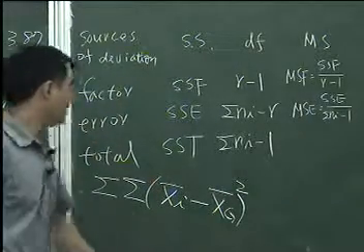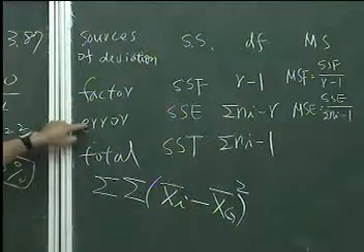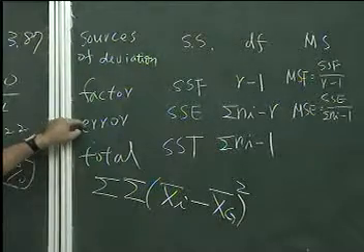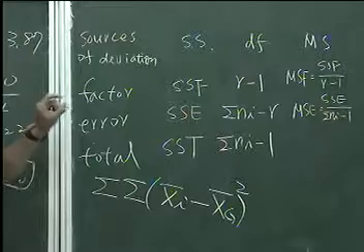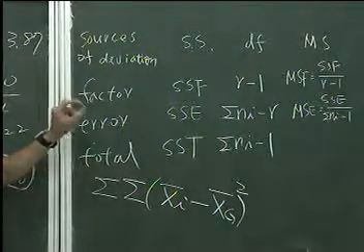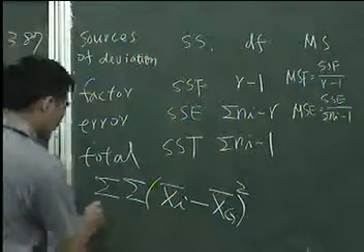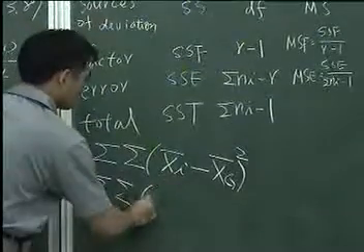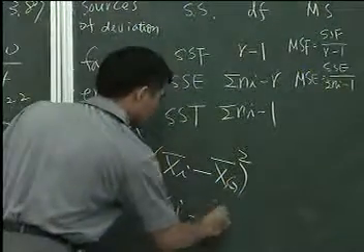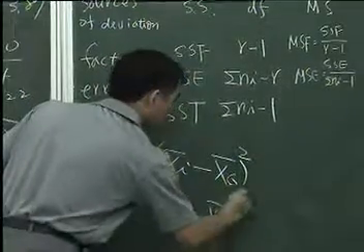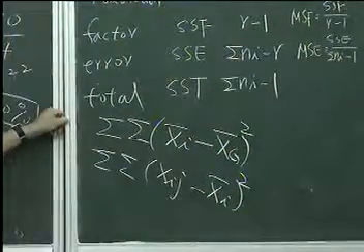And for this part, you are looking within the machines, and the differences of all the individual items within the machines. So that is summation Xij minus X bar I squared, okay?